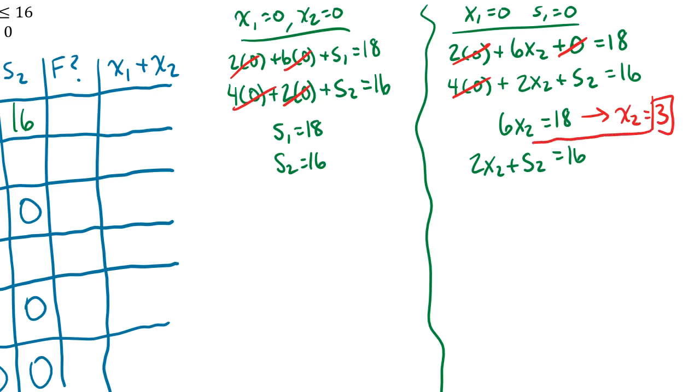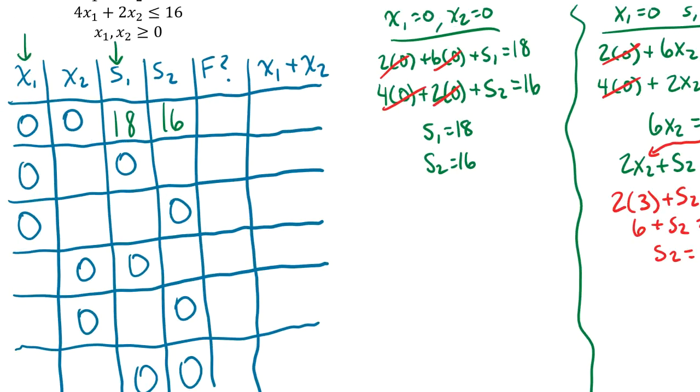We can plug that in, so we get 2 times 3 plus s2 equals 16, which means 6 plus s2 equals 16, or s2 equals 10 if we just subtract the 6 from both sides. So in this one we learned x2 is 3, s2 is 10.